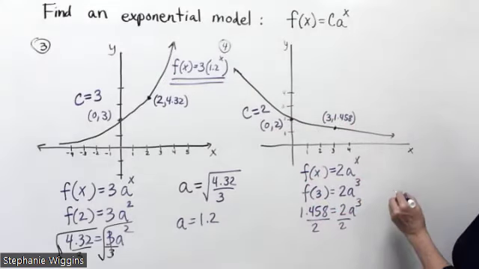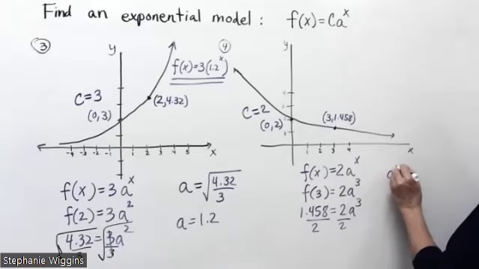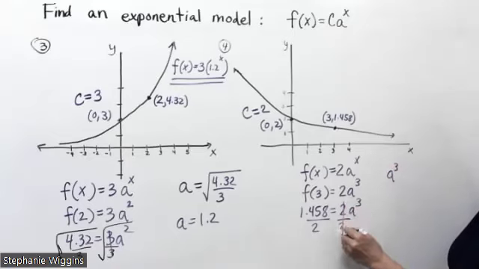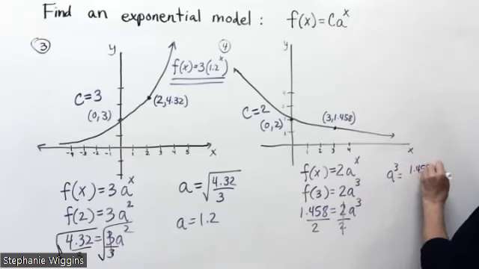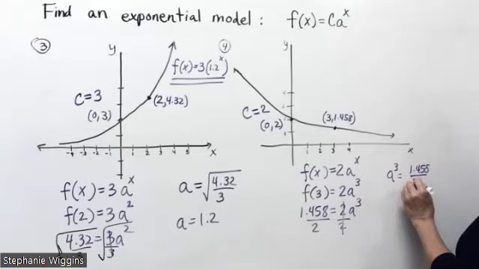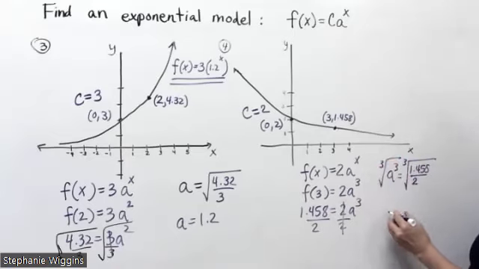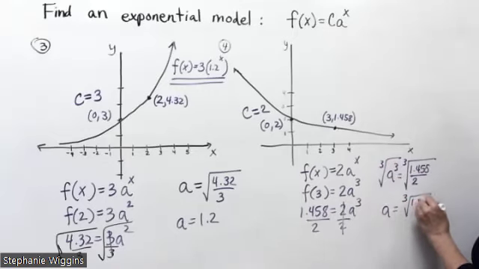And that just gives me that a cubed equals 1.458 over 2. And now I'm going to take the cube root of both sides. And that just gives me a is equal to the cube root of 1.458 over 2. And if you look at your calculator, you get 0.9. So a is equal to 0.9.